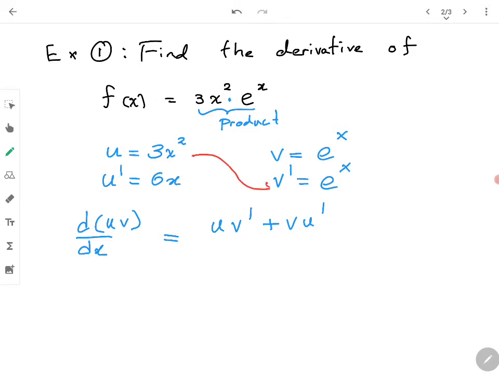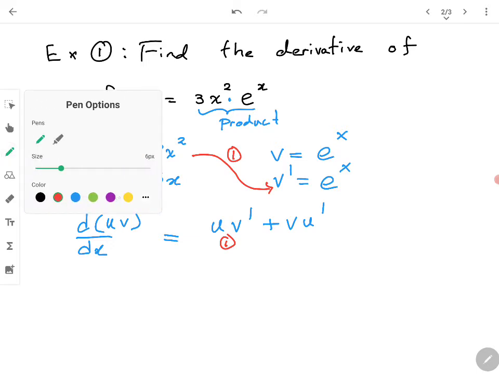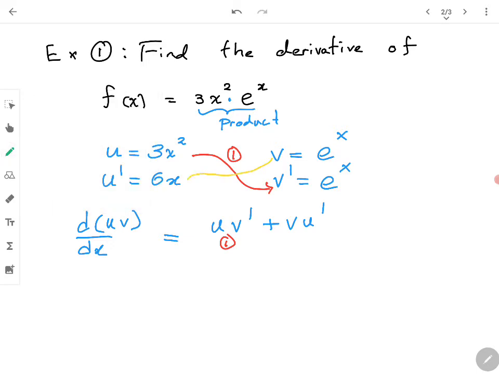The first term is made up of multiplying u and v prime. And the second term in the product rule is v times u prime, which is made up of multiplying v and u prime. Now we have all those four terms, so just plug them into the formula and simplify and you get the derivative of the function f.